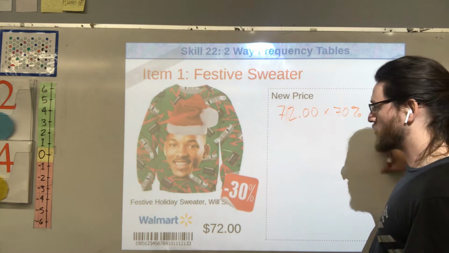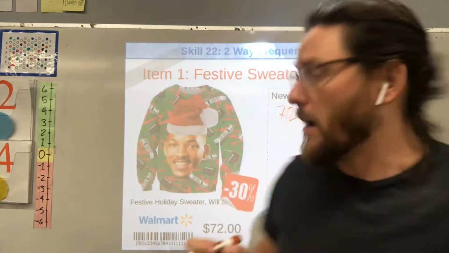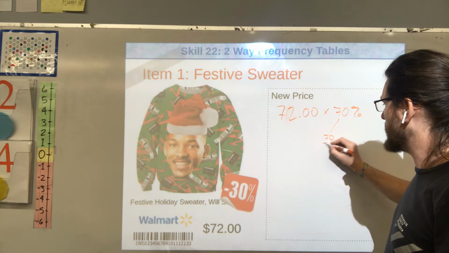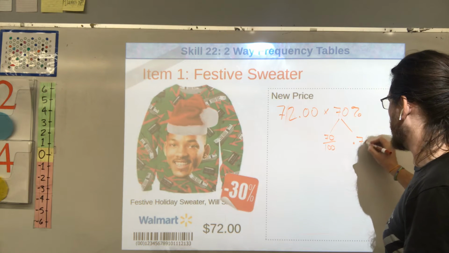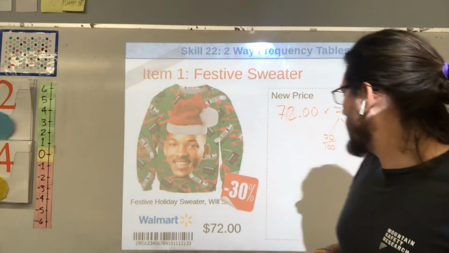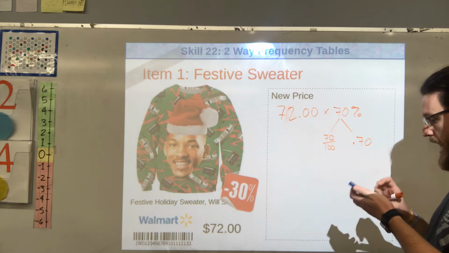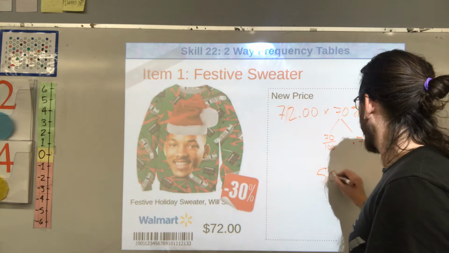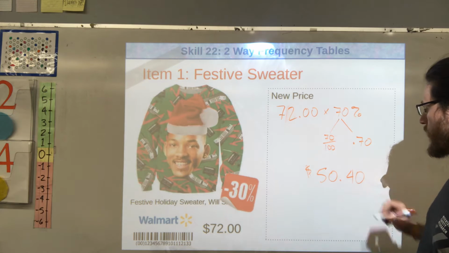I want this work to go on handout 6, and I want this taped into your notes under skill 22. If I want to do this again, 70, we need to think of this as either a fraction, 70 over 100, or as a decimal, which is 0.70. When we do our math, $72 times 0.70 gives $50.40.